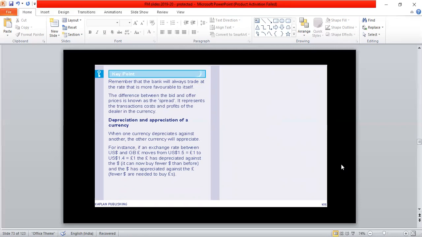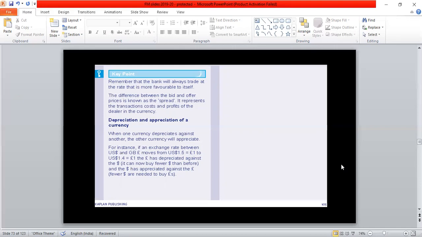The difference between the bid price and the offer price is called the spread. It represents the transaction cost and profits of the dealer in the currency. If it is beneficial, he gets benefited between his bid price and the offer price offered by the counterparty, and against the benefit, whatever administration costs he incurs will be deducted. So that is the spread.